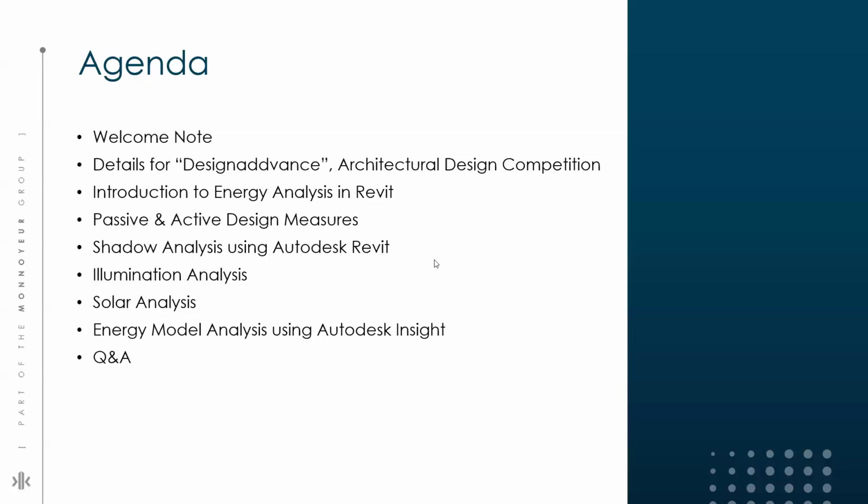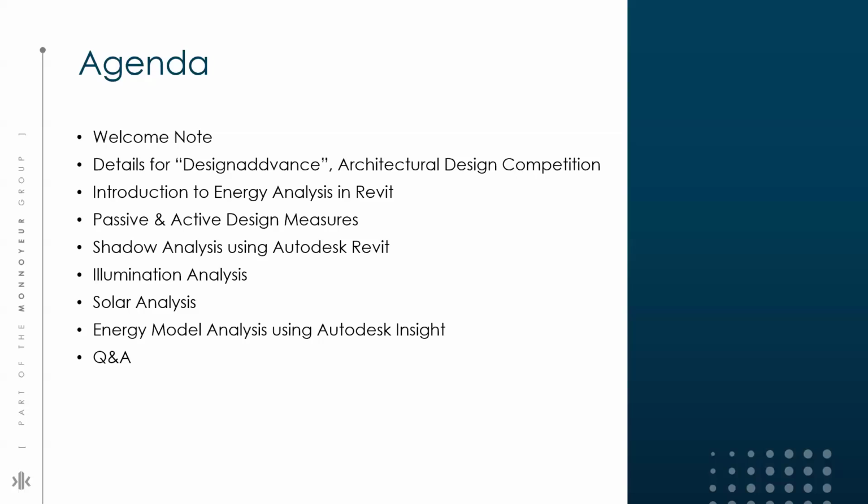So we'll be beginning with the further key points now. Firstly, we will discuss why we are here to discuss net zero energy. Then we will be looking at energy analysis using Revit, utilizing the passive and active design measures onto the designs as well.